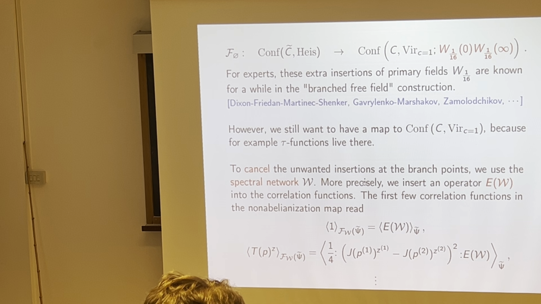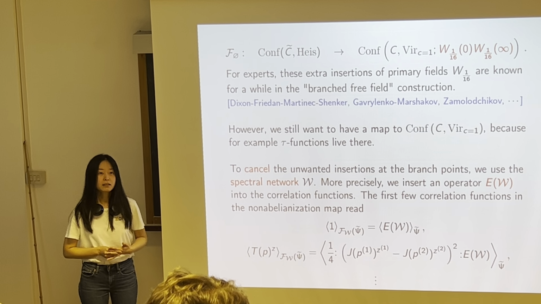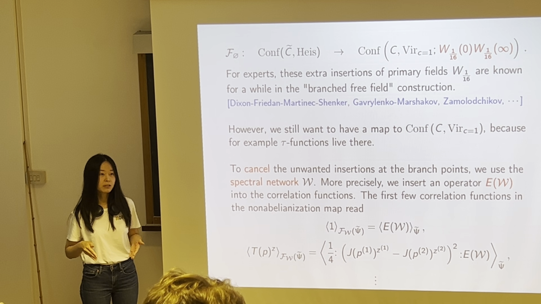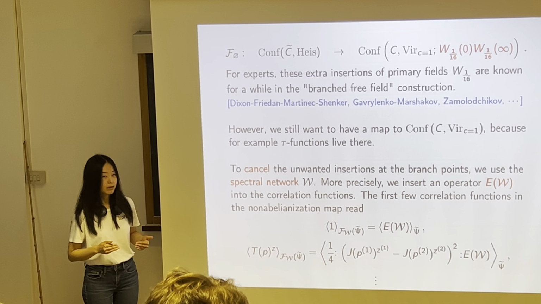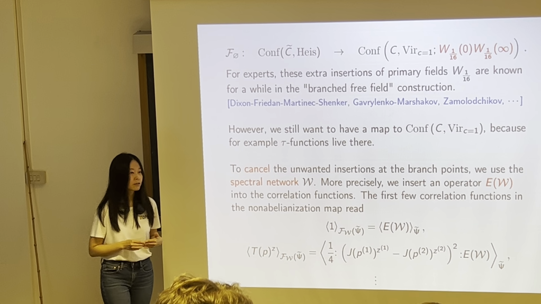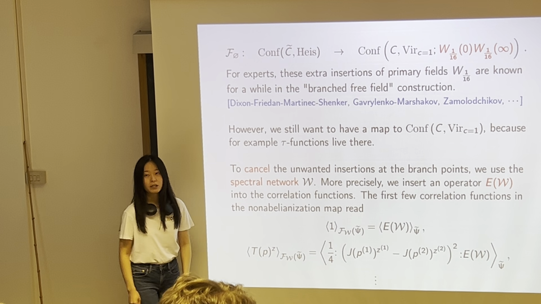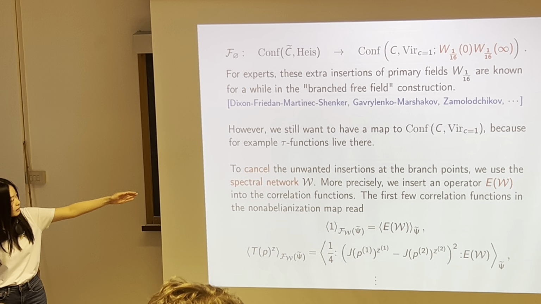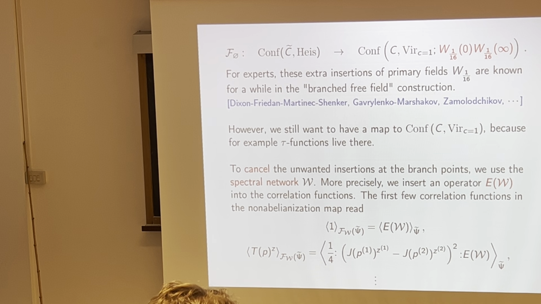So these extra insertions W_1/16 have been known for a while in the branch free field construction. Using this kind of construction, we can arrive at some very special conformal blocks, but we're still interested in more general conformal blocks, which is this vacuum one, because, for example, if you want to make a connection to tau functions, this lives in this kind of space of Virasoro c=1 blocks without those extra insertions.